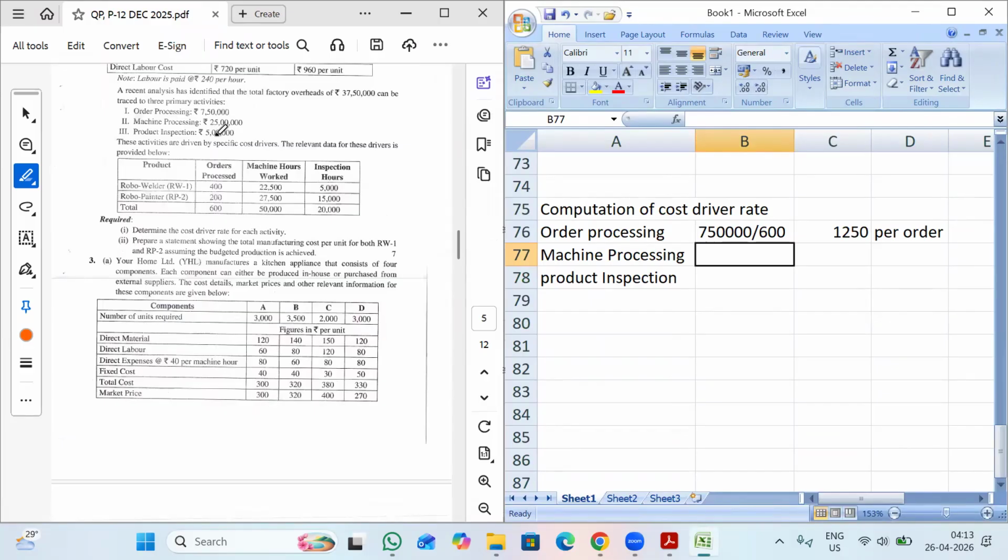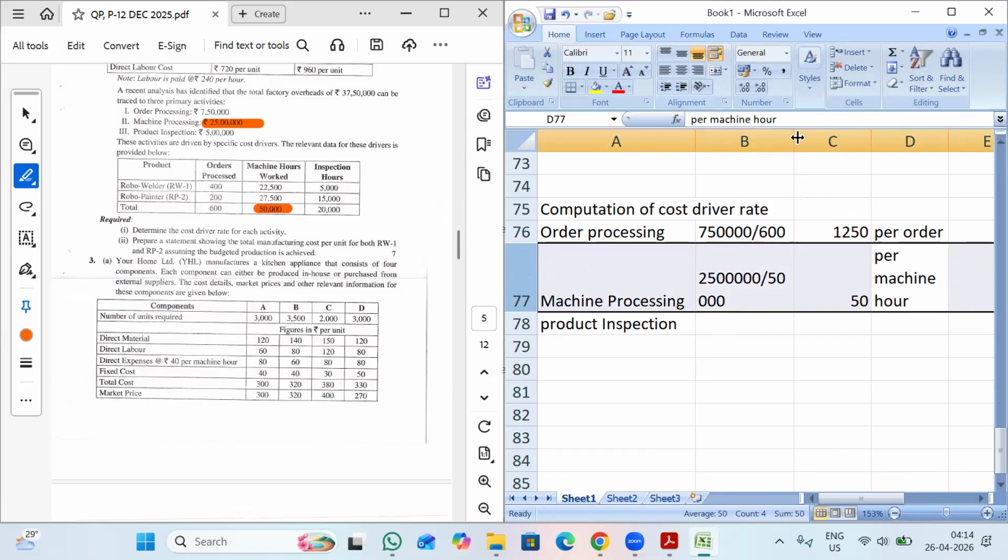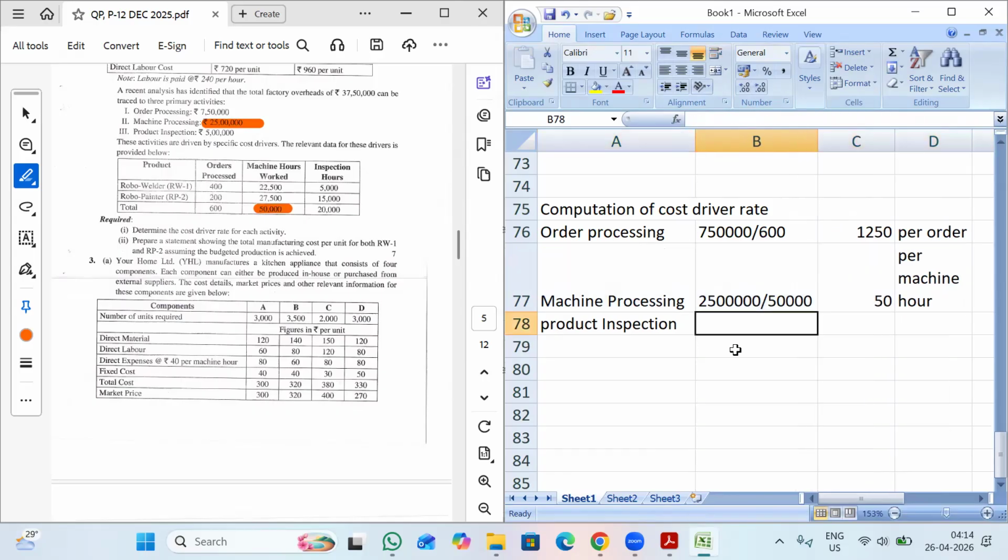Then machine processing. So here for machine processing, I'm having 25 lakhs and total machine hours is 50,000. So my overheads 25 lakhs divided by 50,000. So it is 50 per machine hour. Then product inspection.